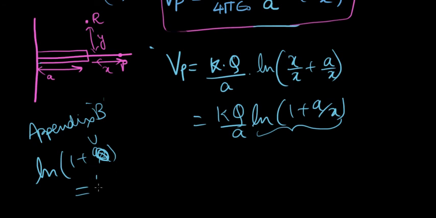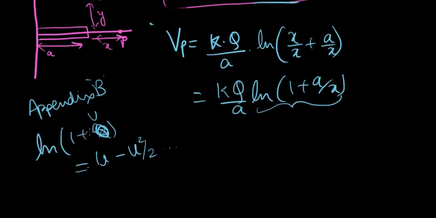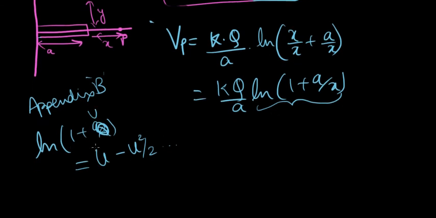It can be written as u minus u squared over 2, and the expansion continues there. So instead of u, all we have to do is replace it with a over x. So we get a over x minus a squared over 2x squared. This is natural log of 1 plus a over x.